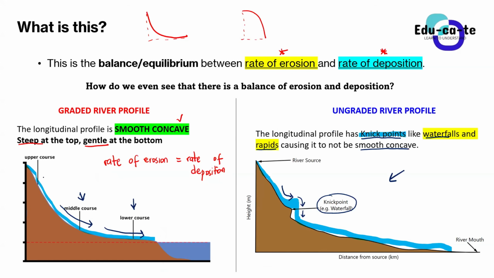Okay, so those temporary base levels of erosion, things such as nick points, waterfalls and rapids, all of them are temporary. You can erode them away if you have enough water, or if the river has enough erosive power. If the river has enough erosive power, it is able to erode all the temporary base levels of erosion.